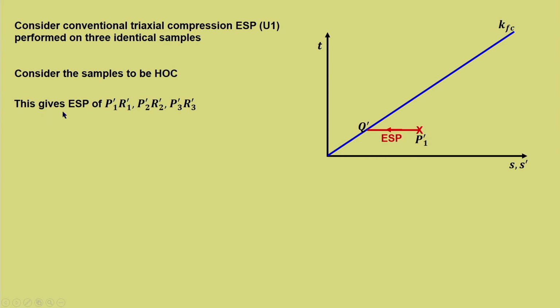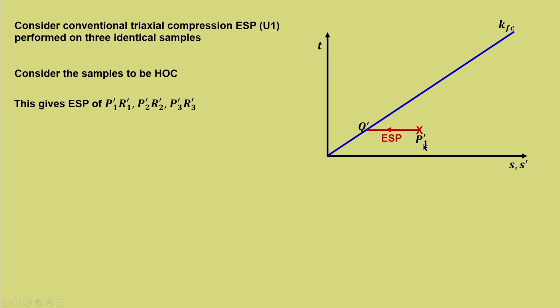So, we need to understand now that the effective stress path in t-s-s dash will move in a positive direction. So, this gives effective stress paths of P1 dash R1 dash, P2 dash R2 dash, P3 dash R3 dash. Let us say the first point simulated in the lab for the case of compression is P1 dash.